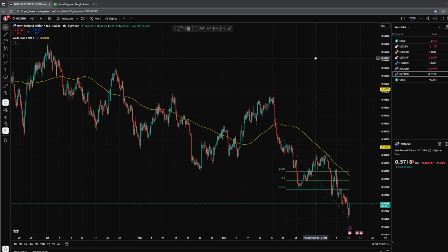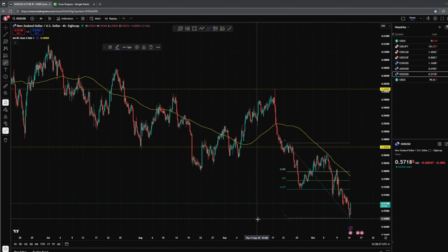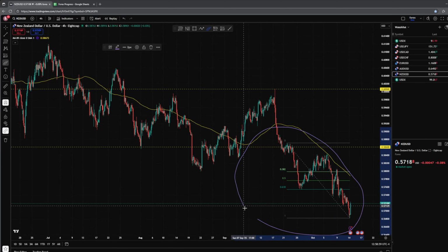Okay, New Zealand dollar USD looks even better. So we have the majority of the candles hanging out below the yellow moving average line. USD is getting stronger against the New Zealand dollar. That is very good.